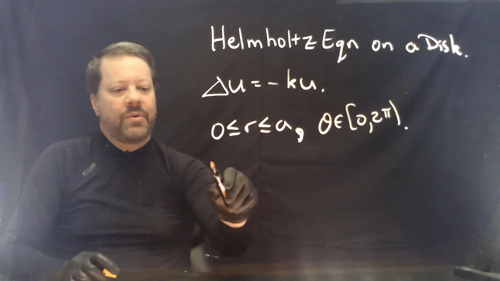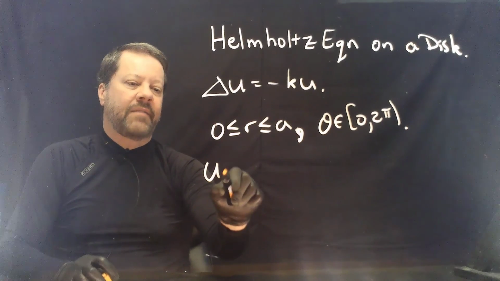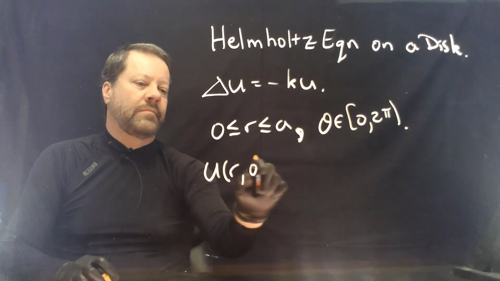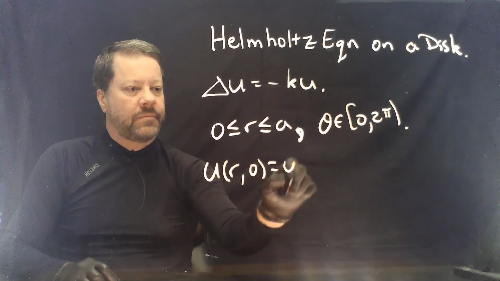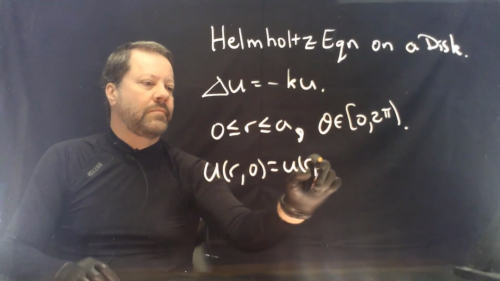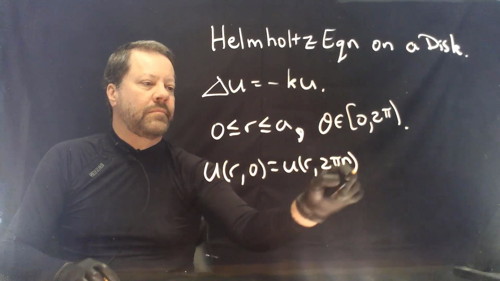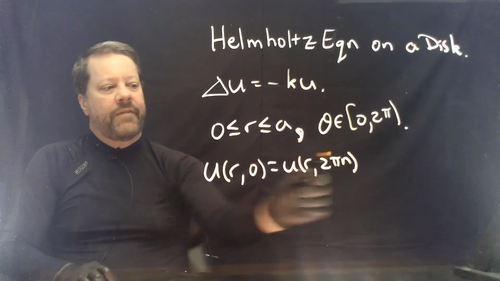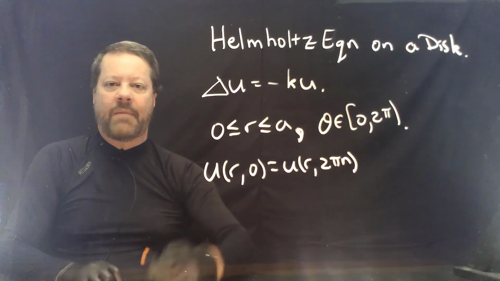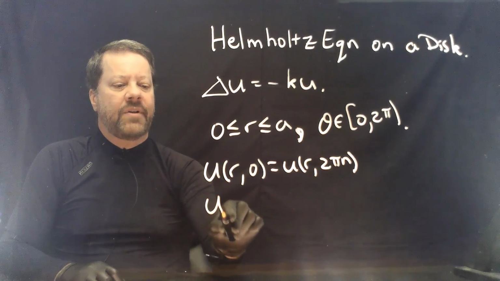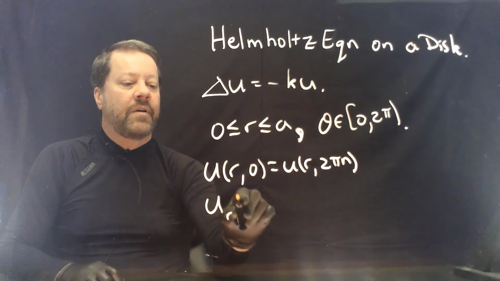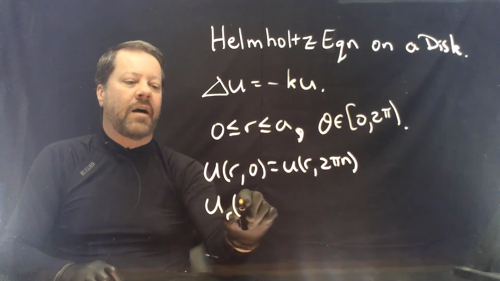We'll have to assume 2 pi periodicity. So every 2 pi, we repeat what happens at 0. The same is going to have to be true for the partial derivative with respect to r.